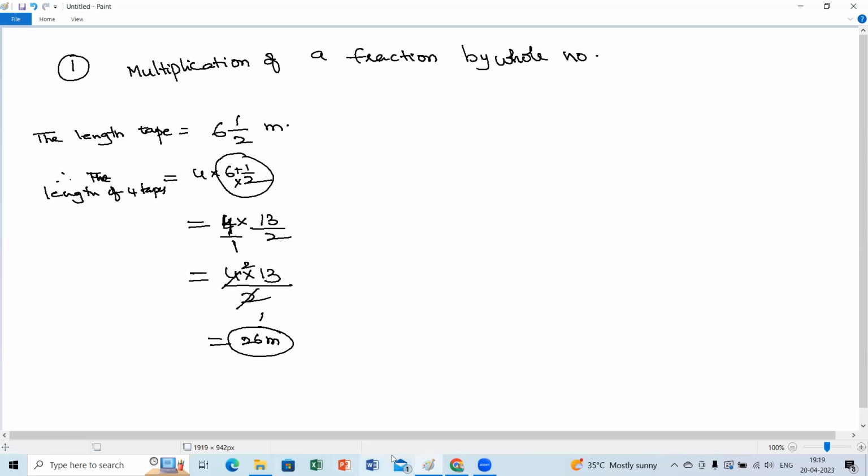Hope you understood, children, how multiplication of a whole number works. Now I am going to give few questions for you through chat box. You can answer me. 5 multiplied with 11 by 15. The third one is 6 4 by 15.